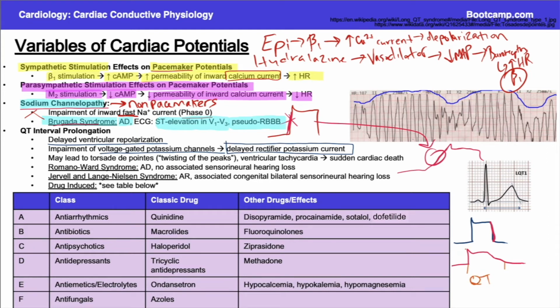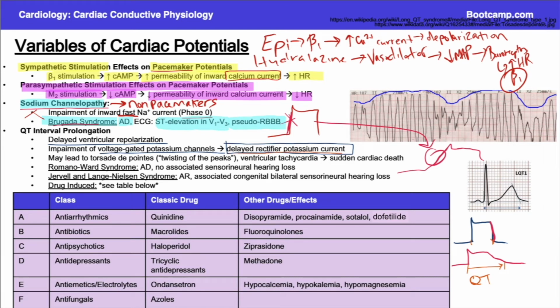I told you that this is the area where we have the QRS, and then we have a repolarization, that's going to be your T wave. And so this QT interval gets a lot longer if I have a delayed repolarization. So that's going to cause a longer QT interval by having impairment of that delayed rectifier potassium current.